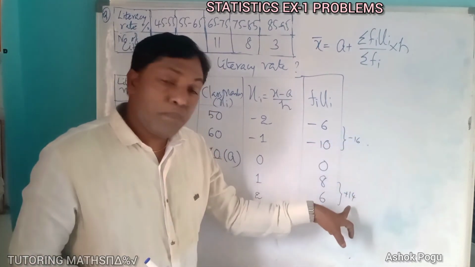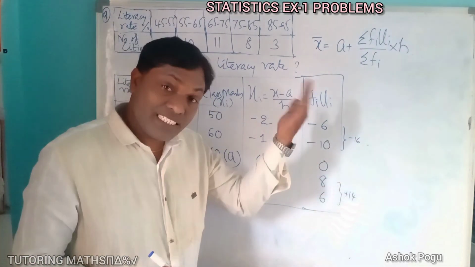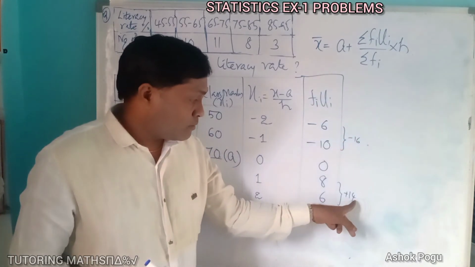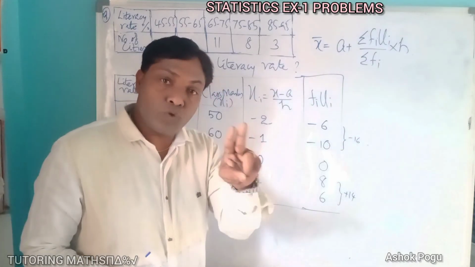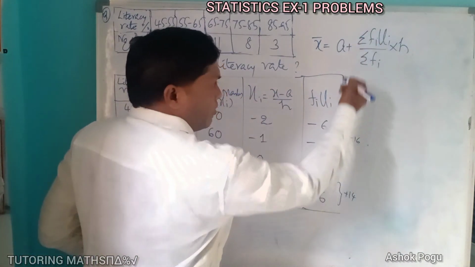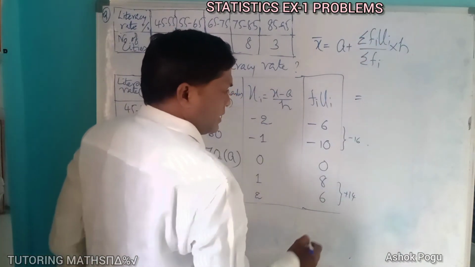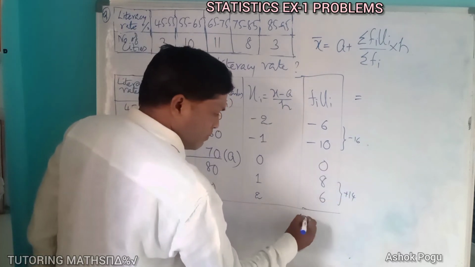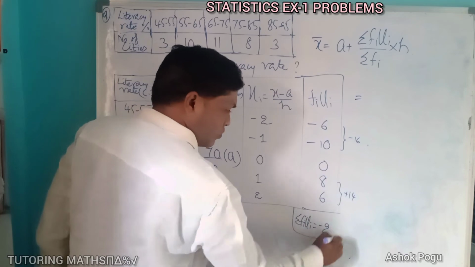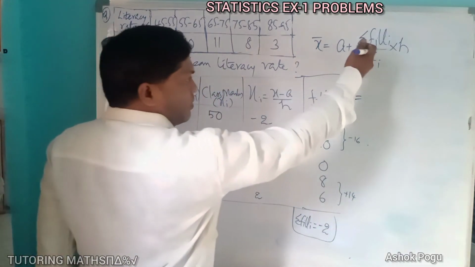Minus 16 plus 14: negative is greater, so you get a negative number. 16 minus 14 is 2, but negative is dominating, so sigma FI UI is minus 2.